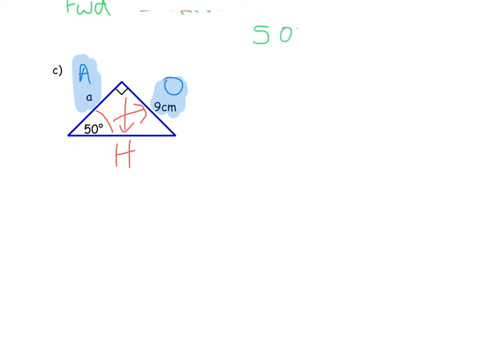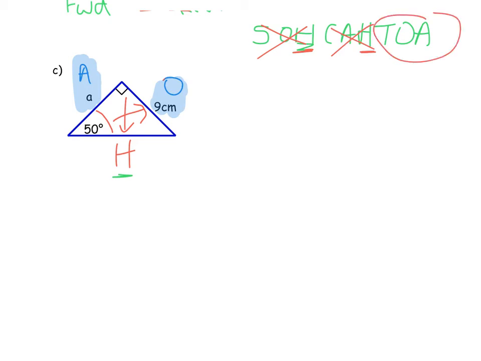So again, writing out SOHCAHTOA. I want to choose a trig ratio that does not have h. So h is in sine, so that's out. H is in cosine, so that's out. So the appropriate trig function would be tan. So I'm going to go ahead and use that.